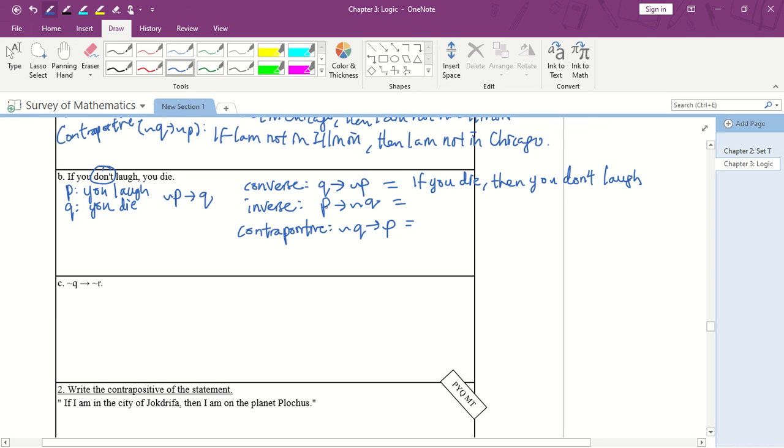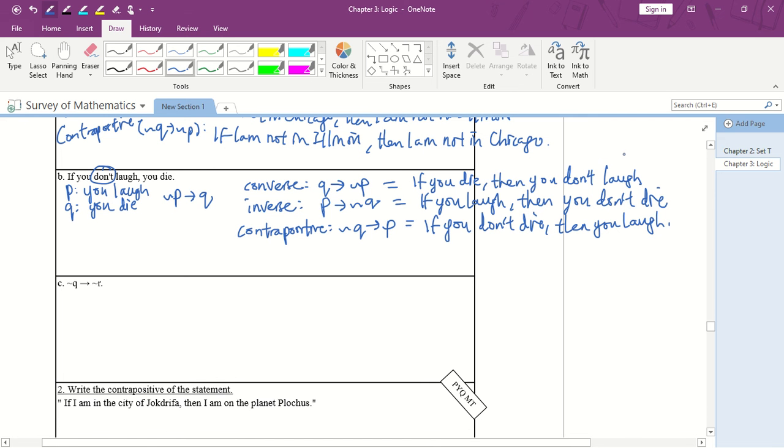For the inverse, P to negation Q, it will be: if you laugh, then you don't die. And the last one, the contrapositive, says that if you don't die, then you laugh. Okay, and that is how it is.